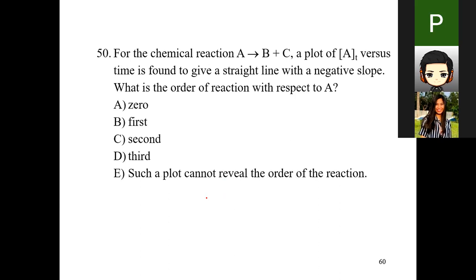Okay, for the chemical reaction A becoming B plus C, a plot of A versus time is found to give a straight line with negative slope. What is the order of the reaction with respect to A? Letter A, 0, B, first, C, second, D, third, E, such a plot cannot reveal the order of the reactions. Ano sagot dito?